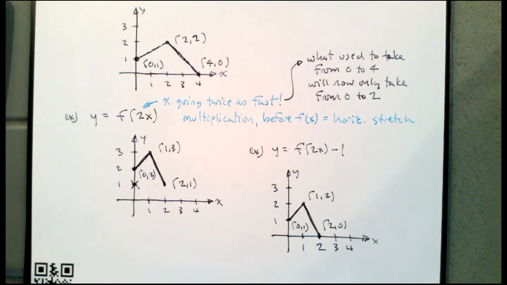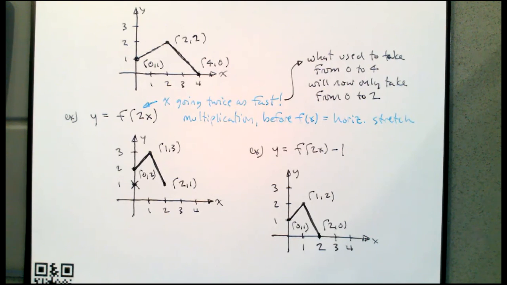Professor, would you mind explaining those last 2 examples, the y equals f of 2x? Mhm. I've changed my original function with multiplication before the function happens. So instead of f of x, I want to look at the graph of f of 2x. The way we can read that is that we're going through x values twice as fast.